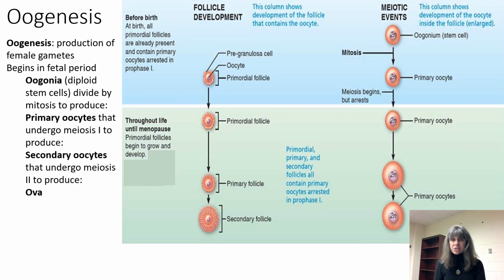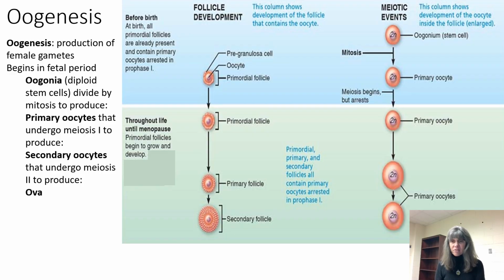The primary follicle will develop from the primordial follicle. The difference between the two is the primordial follicle is made up of simple squamous epithelium. A primary follicle has morphed into a single layer of simple cuboidal epithelium. And as those cells continue to develop, they'll start to undergo mitosis as well, and we see layers of cuboidal epithelium.